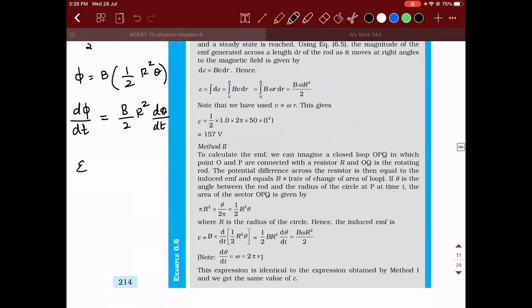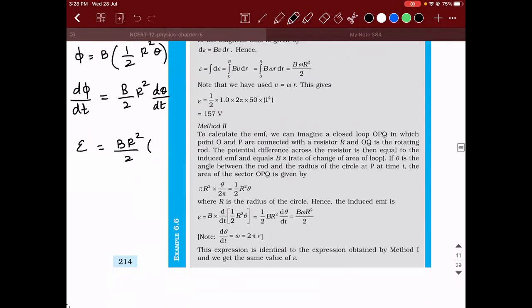That is the EMF, equal to B r square by 2 into the rate of change of angular displacement, which is angular velocity. So half B r square omega will be the EMF that you get generated when the metallic rod is in circular motion.